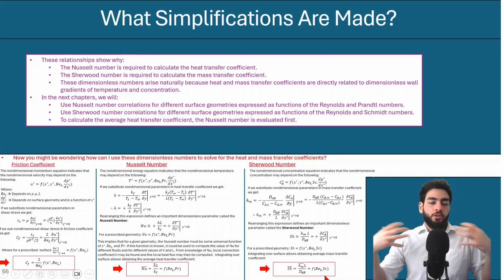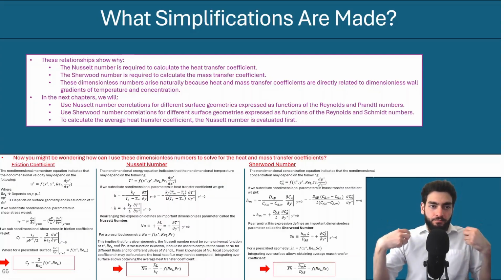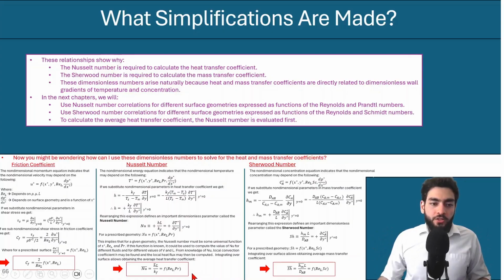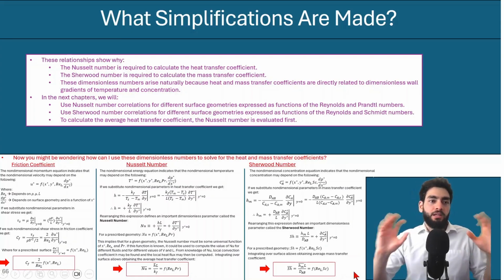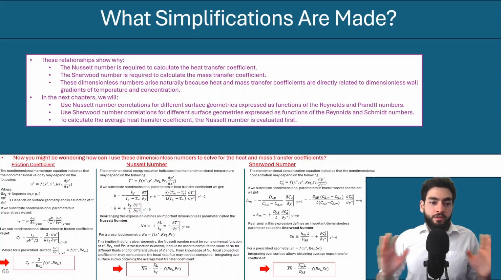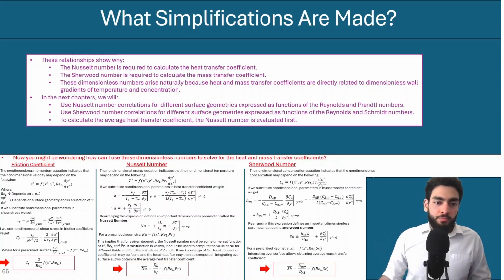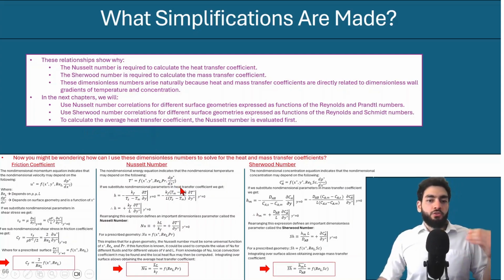So when we see these non-dimensional equations, we shouldn't be surprised that they're related to Reynolds and Prandtl, or Reynolds and Schmidt, because based on this discussion we are aware that that should be the case. And to calculate the average heat transfer coefficient, we're going to have to evaluate the Nusselt number first.